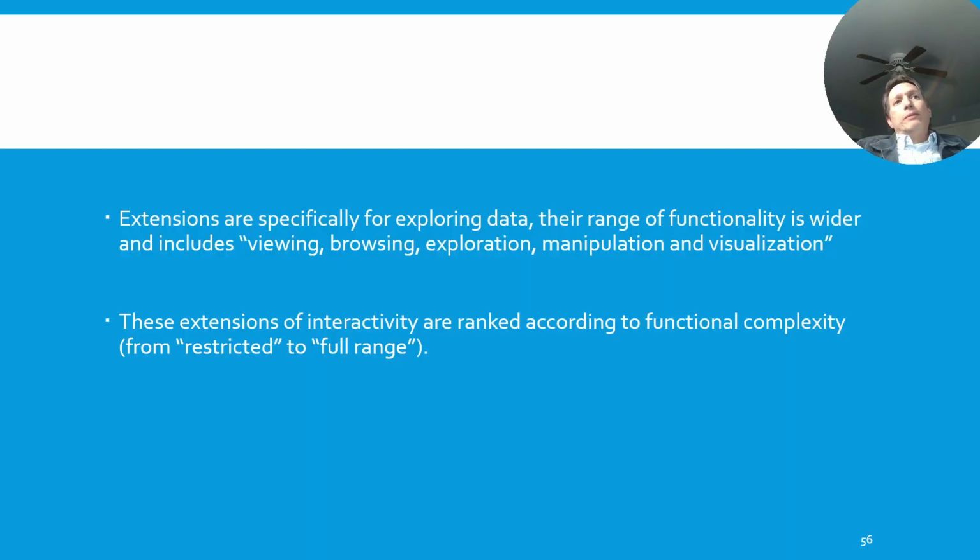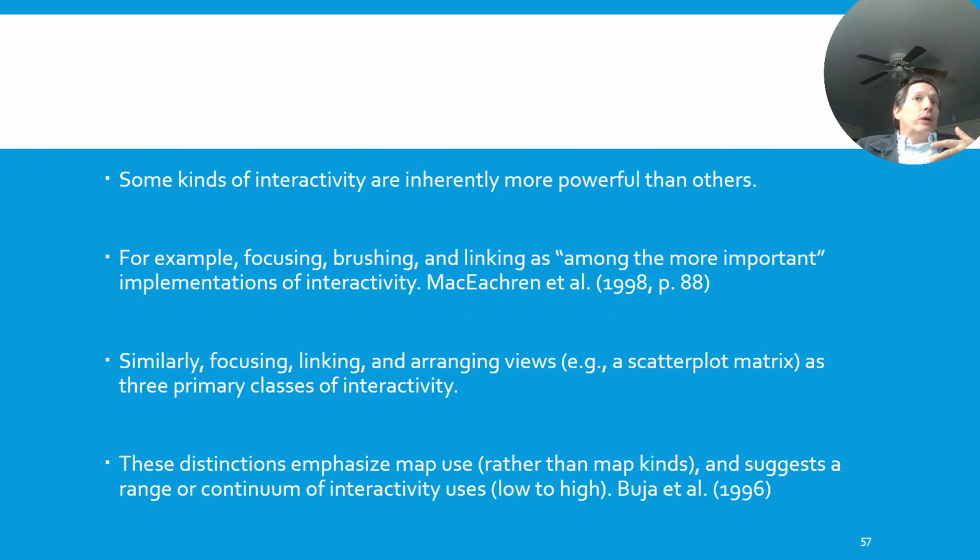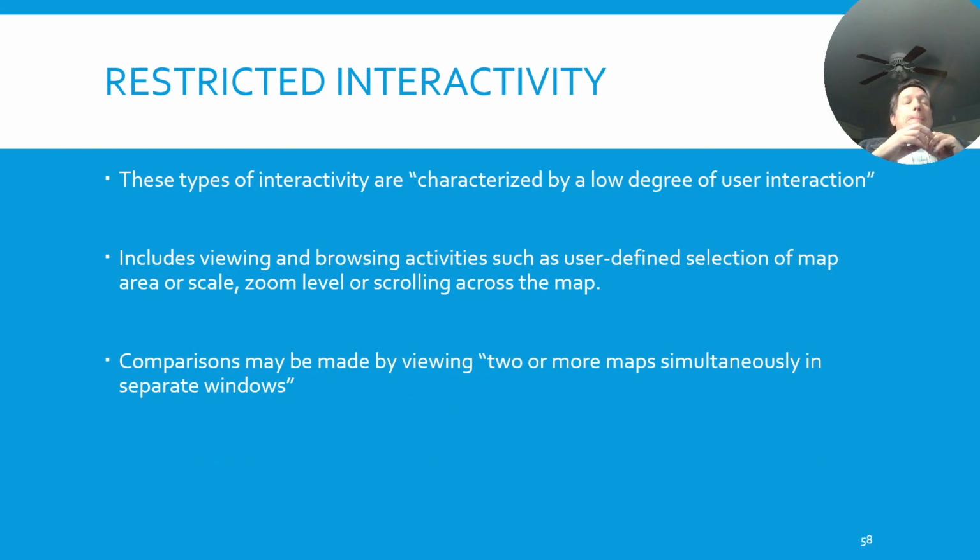And when you have expansions, then you can have browsing, exploration, manipulation, and visualizations. And sometimes that functionality could be restricted or full range. And that's the way that some of these things are premium. No, you don't need to provide everything there, but you can provide some of these elements, or provide focus activity.